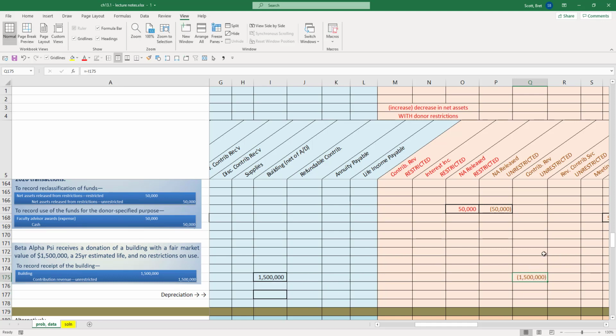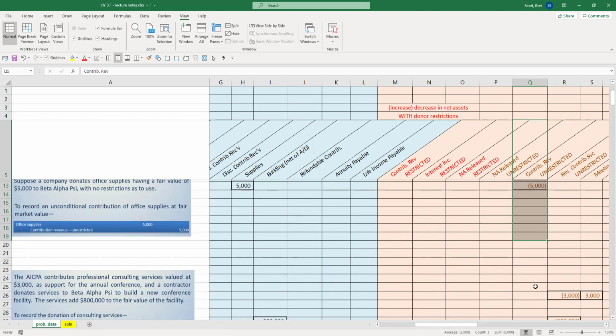Remember, this is the fundamental account that we use when we get most contributions that are unrestricted. In the first example, we initially got cash and we credited contribution revenue unrestricted. Now we're getting something else that's physical in nature, in this case the building. We're still going to credit contribution revenue unrestricted.